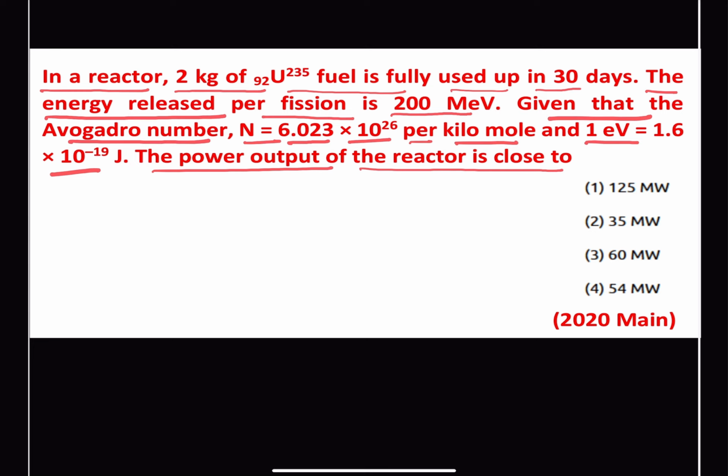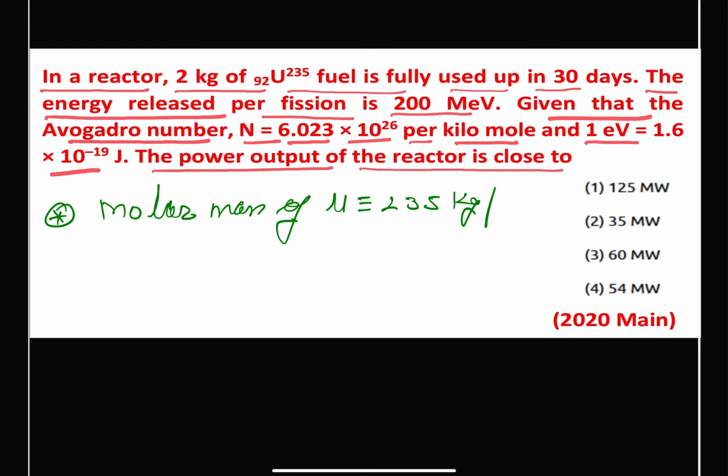So we start from there. We can say the molar mass of U235 is 235 kg per kilomole.